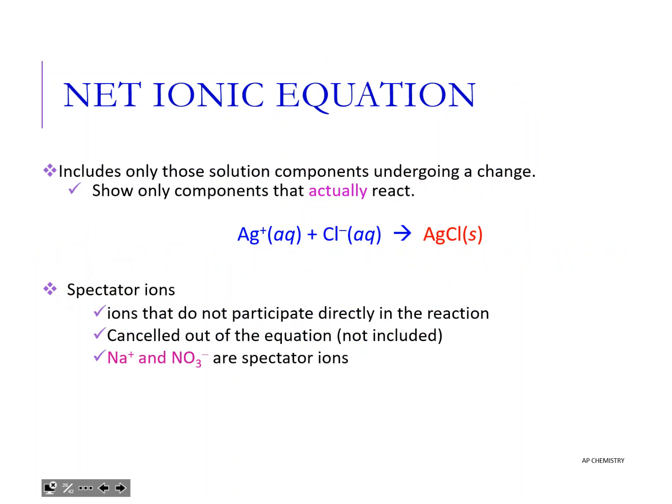Net ionic equations represent only the chemical species that actually react in the reaction, actually form a bond of some sort. So here, the silver and the chloride, those opposite charges attract, form the ionic bond, and we see the powder fall to the bottom.